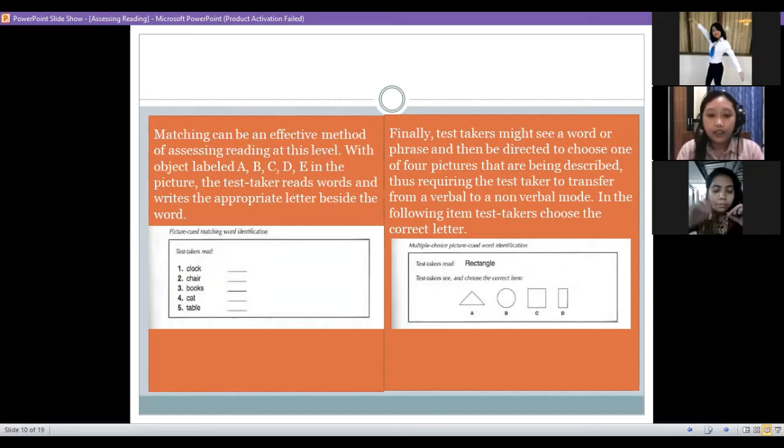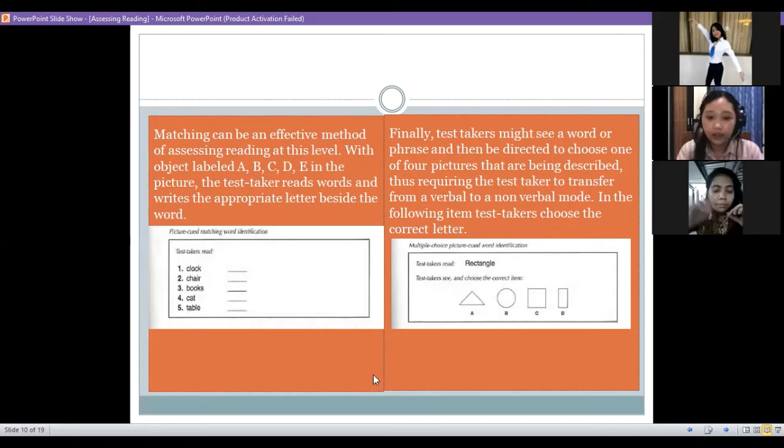And then finally, the test taker might see a word or phrase and then be directed to choose one of 4 pictures that is being described, thus requiring the test taker to transfer from the verbal to a non-verbal mode. In the following items, the test taker chooses the correct letter.